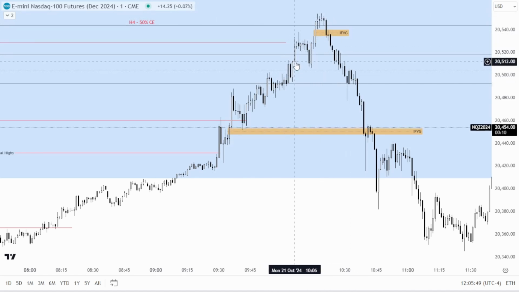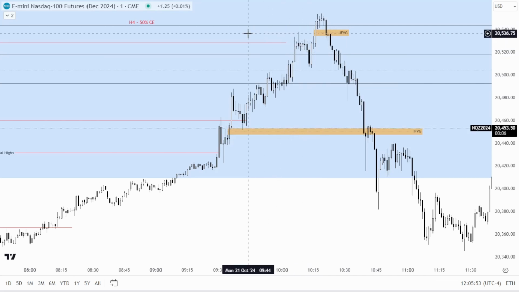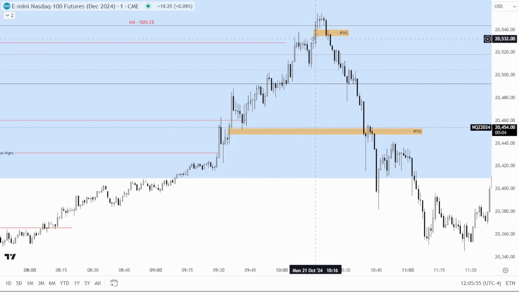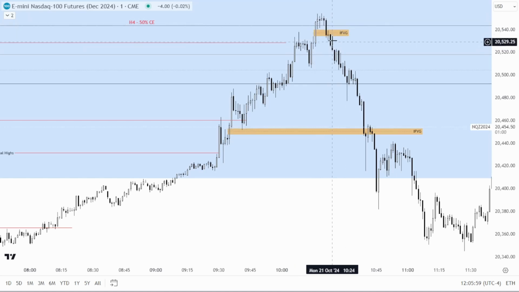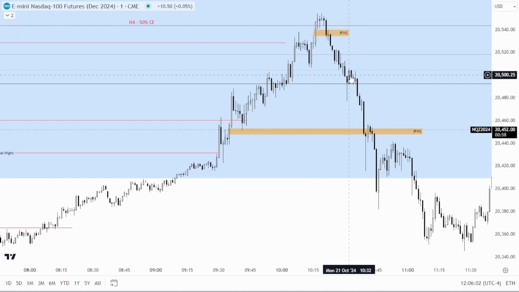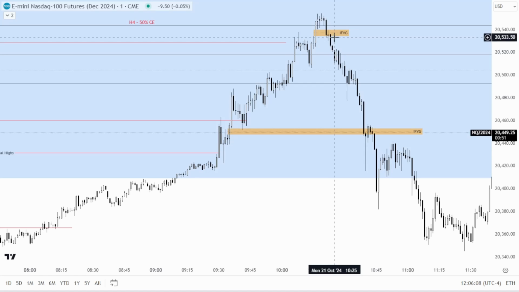So this one would have failed if you just randomly took it without any specific levels. I've marked out this level, and we inverted this fair value gap on this candle here. So you could have just taken the trade from there, or waited for it to test it. I did not take this trade here because I missed this whole setup.